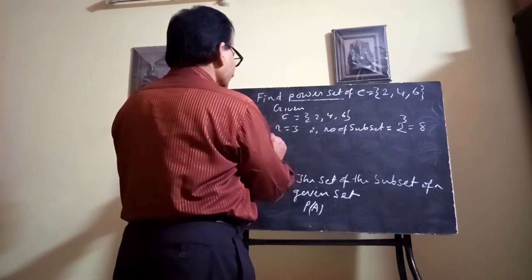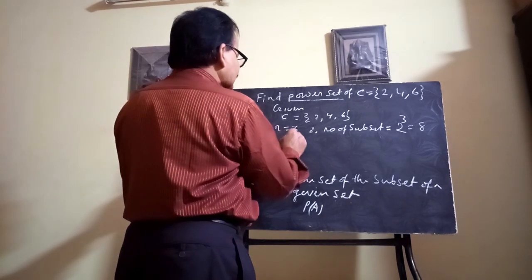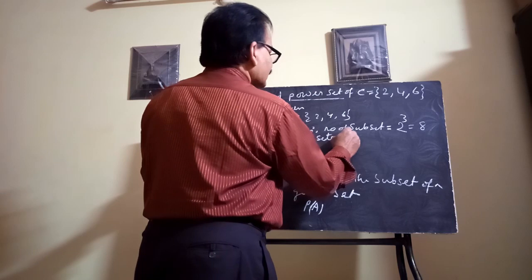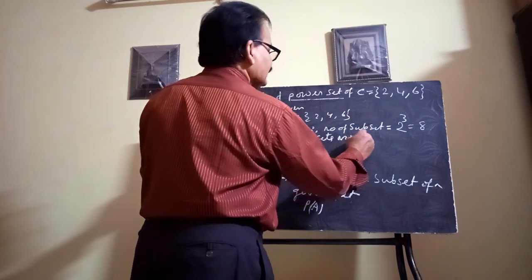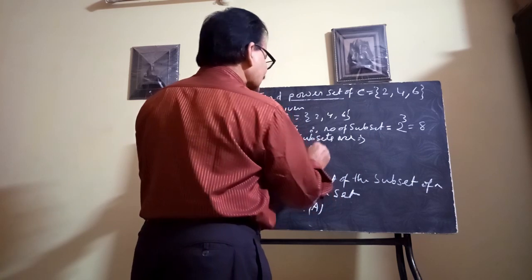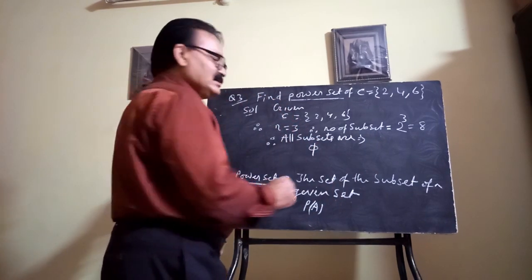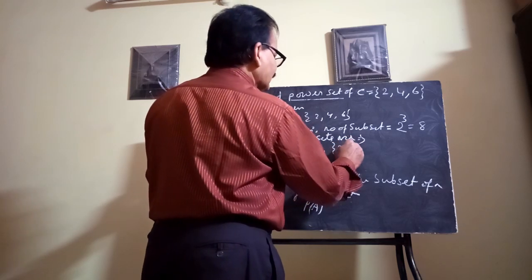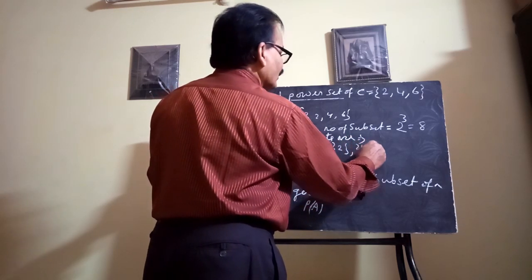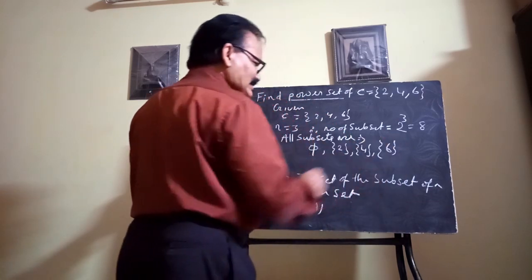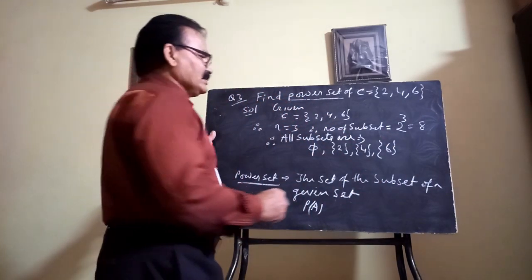So therefore all subsets are: the null set is a subset of every set. Then you take the individual elements 2, 4, 6, one single element at a time.